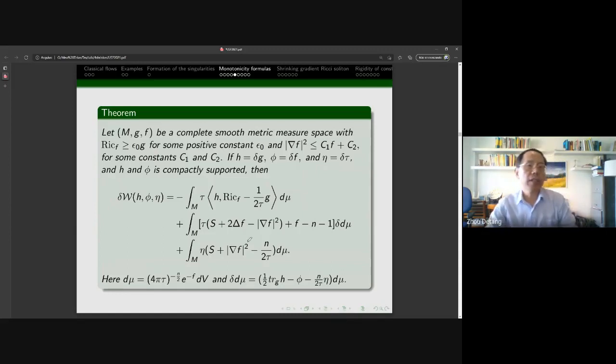Later, Perelman computed the first variation of this functional. Now you have three things: g, f, and tau. You take variations h, phi, and eta. The first variation is quite complicated. Here you can see there is h, which is with respect to the metric.